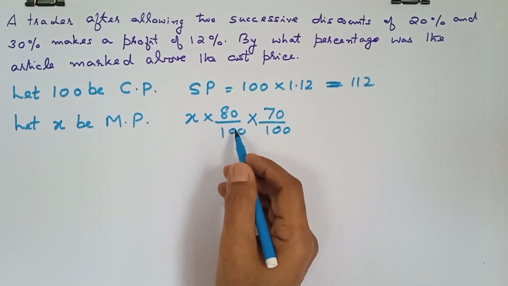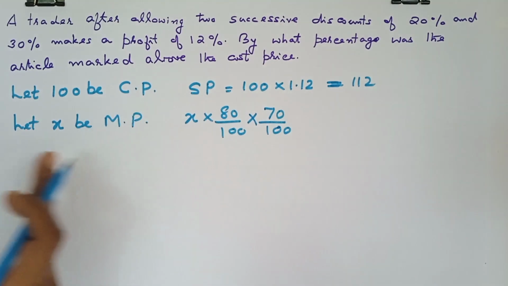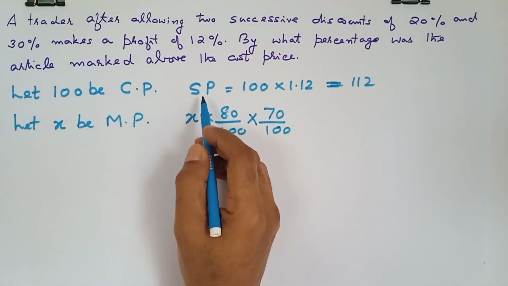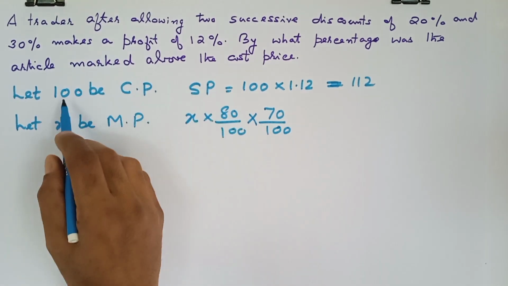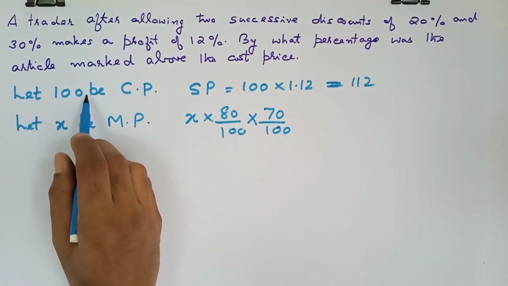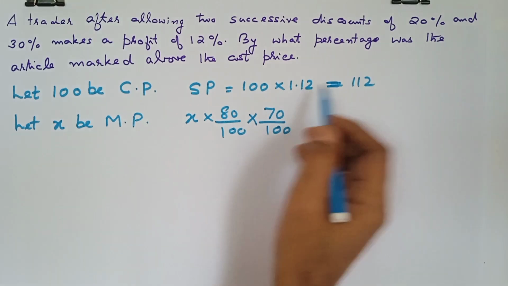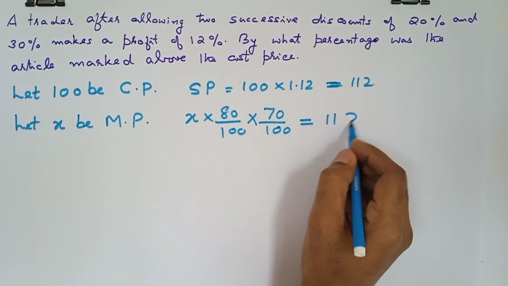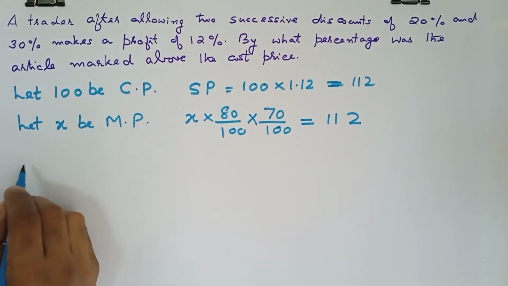So we have arrived at the selling price from marked price and using two successive discounts. Again, we had arrived at selling price using CP as 100 and 12% as the profit. They are both the same. Rather, we can equate this to this. Now you saw this equation.